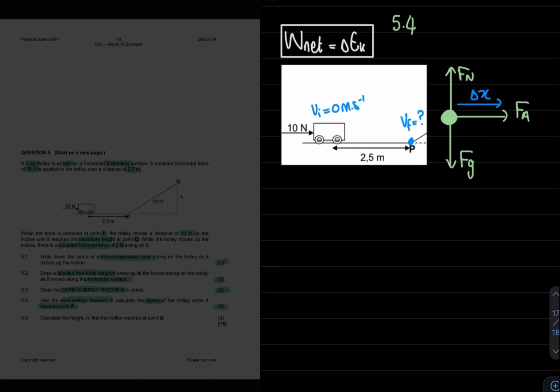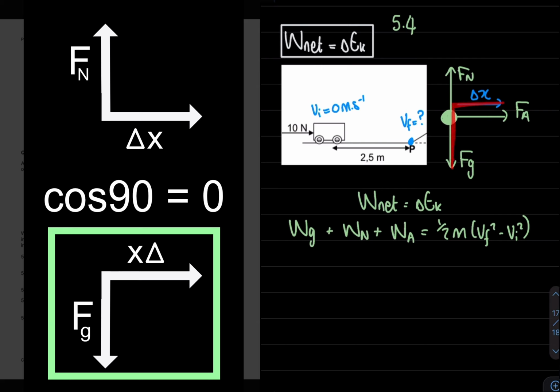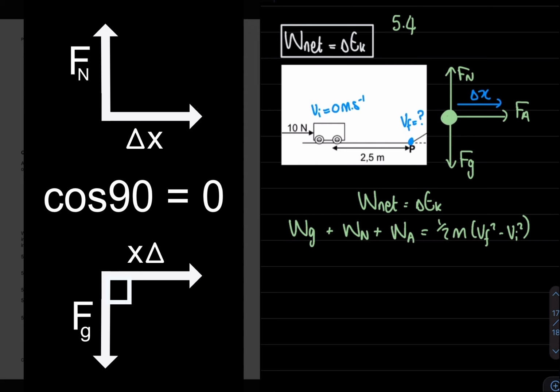We can now use the work energy theorem in order to solve the speed at point P. On the trolley, we have 3 forces working on it. We've got gravity, applied, as well as normal. But not all of these forces will do work. Seeing as gravity versus my displacement works at an angle of 90 degrees, the gravity does no work and will therefore be 0. The same applies for my normal force.